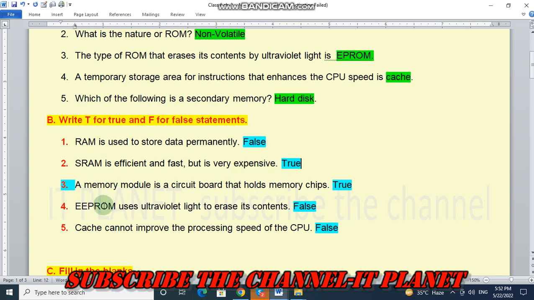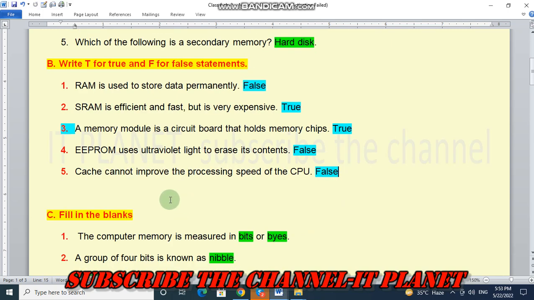A memory module is a circuit board that holds memory chips. Again, this statement is true. EEPROM uses ultraviolet light to erase its contents. This is a false statement. The cache cannot improve the processing speed of the CPU. This is false. Cache always improves the processing speed of the CPU.